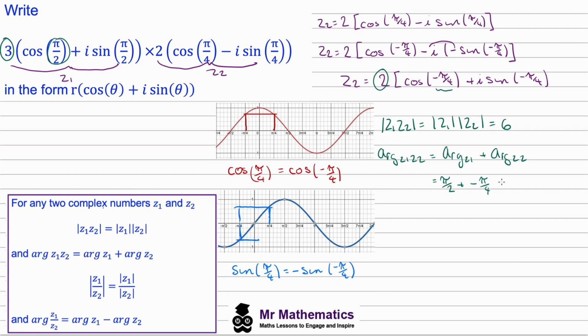We can work this out and we get pi over 4. So Z1 multiplied by Z2 will be the modulus of 6 times the cos of pi over 4 plus i sine of that same argument, pi over 4.